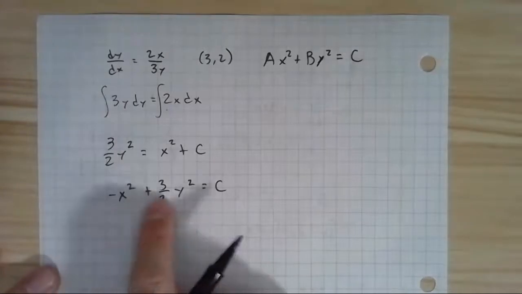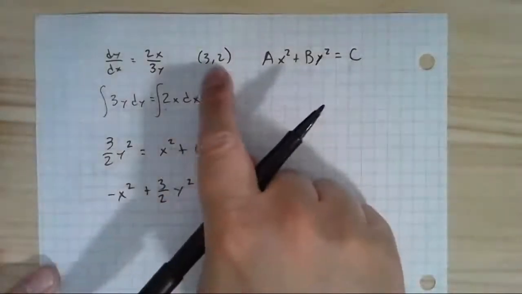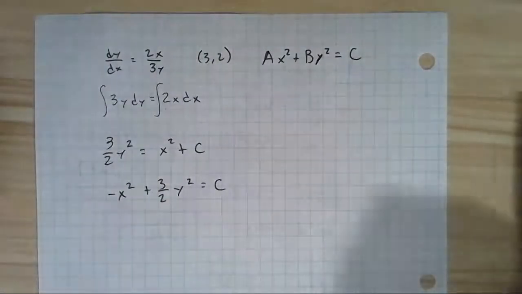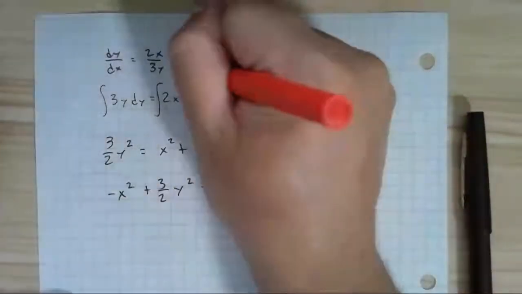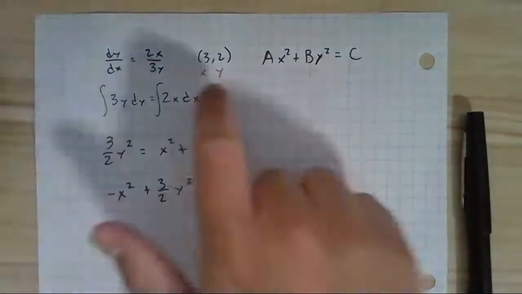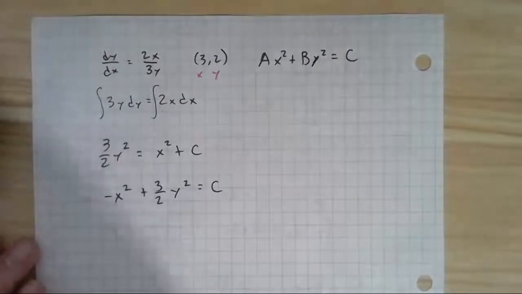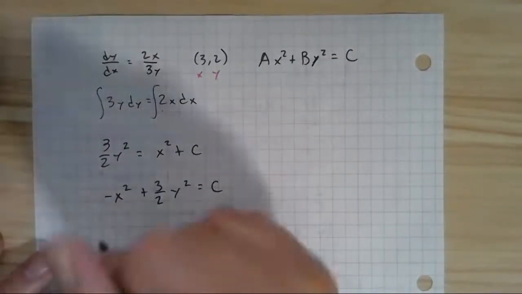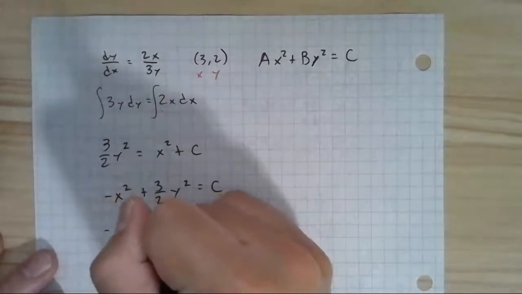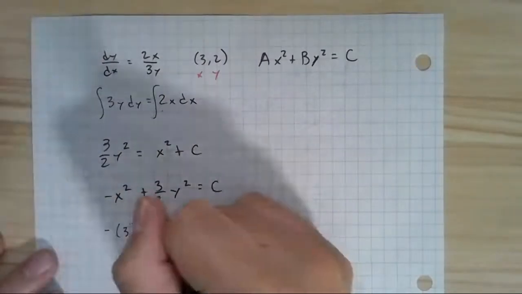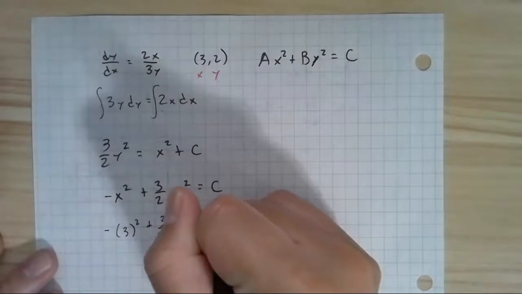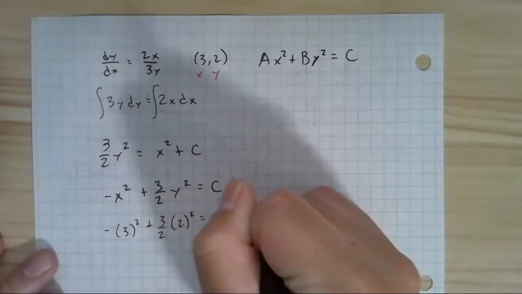Now by having this form here, I can go ahead and plug in my points. That's my x and that's my y. So if I plug those in, I'm going to get negative 3 squared plus 3 over 2 times 2 squared is equal to c.